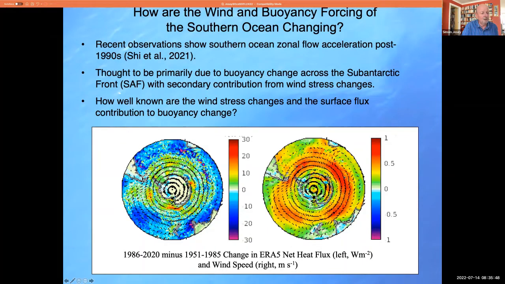This figure will look quite different depending on which data set you look at. It's a difference between the last 35 years, essentially, and the preceding 35 years using ERA5. Interestingly, it shows that the heat exchange, if you have confidence in it, is increasing. So let me say that again. The heat loss is getting stronger.